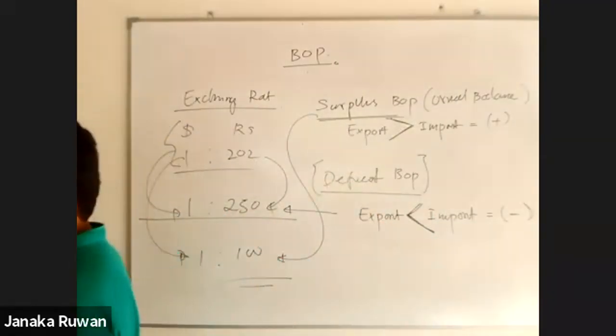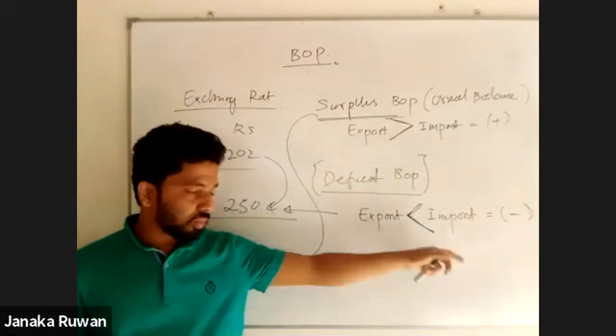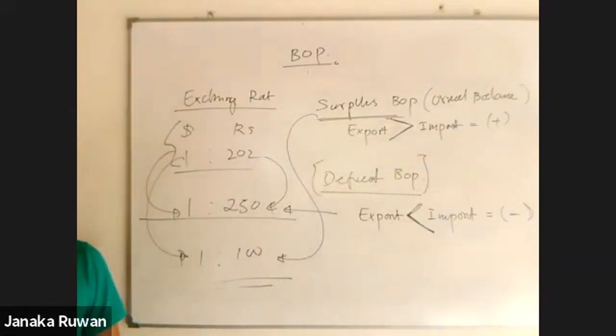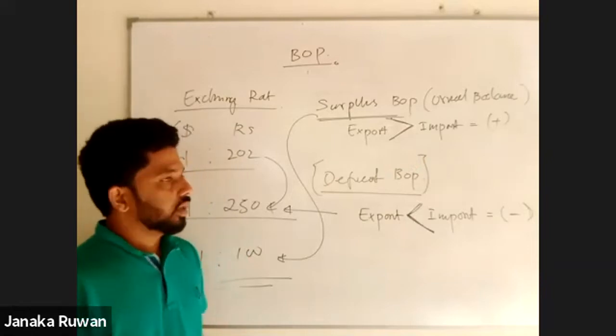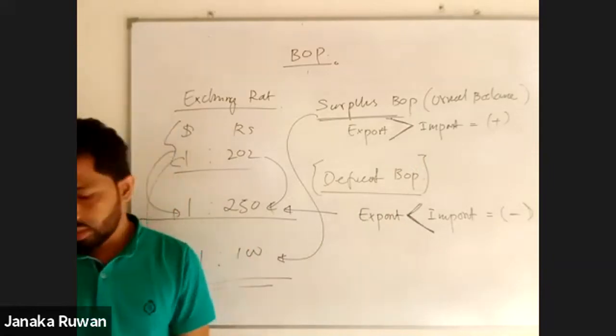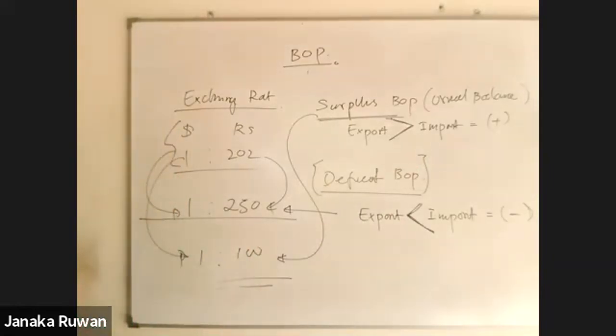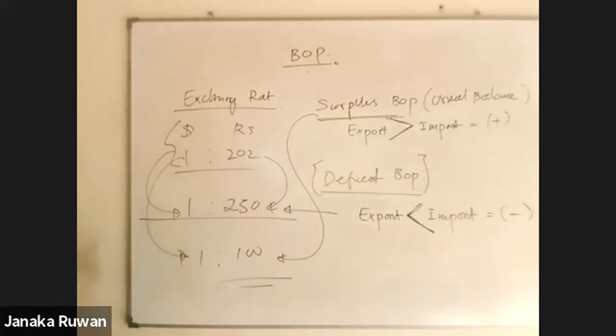That means what we are going to do: export more or import more. That will be the factor which determines the value of the domestic currency compared to other currencies in international transactions.